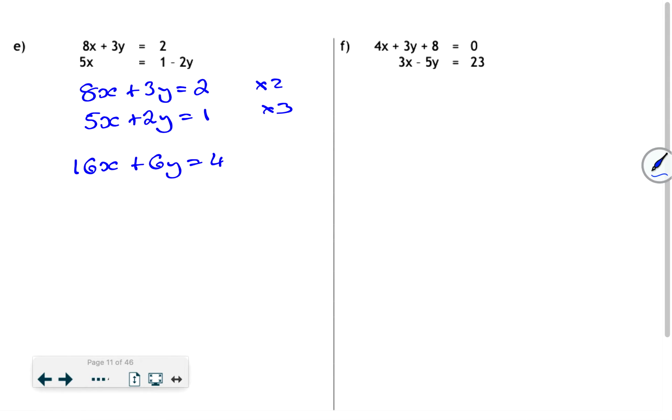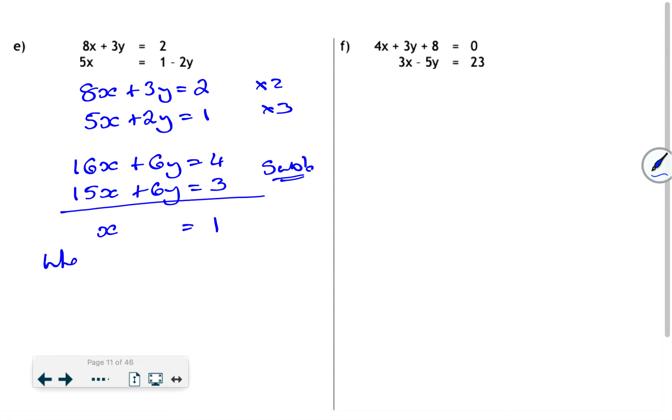Multiply by 3, so I get 15x plus 6y is equal to 3. You'll notice that we have the same sign, so it's same sign subtract. So we're going to subtract our equations this time. So it's 16x take away 15x is going to just give me 1x. 4 take away 3 is 1.